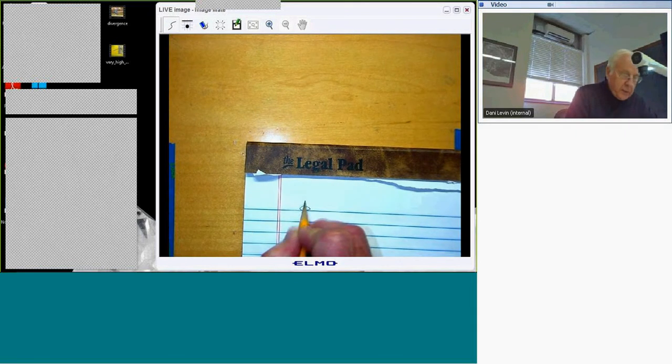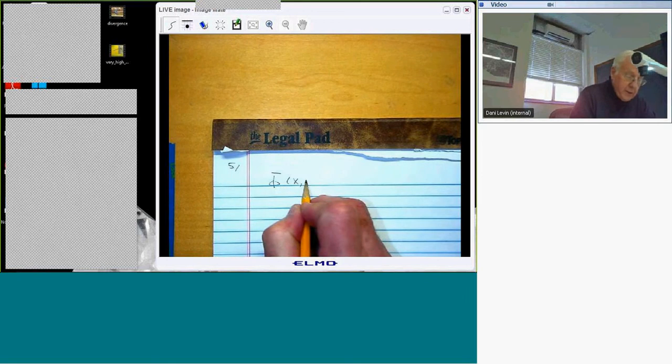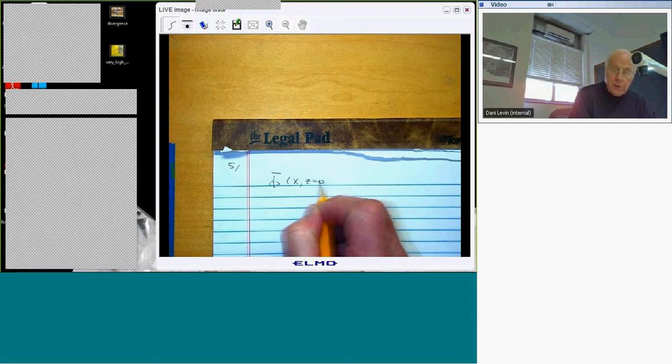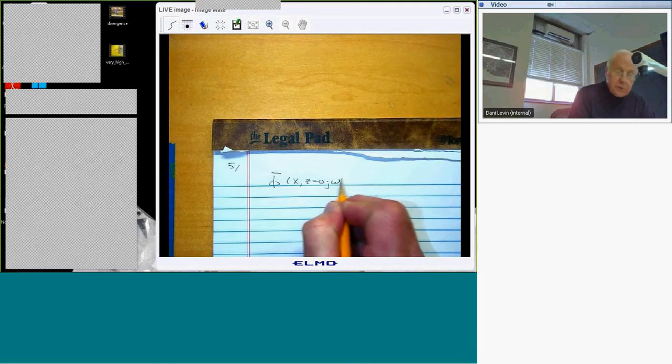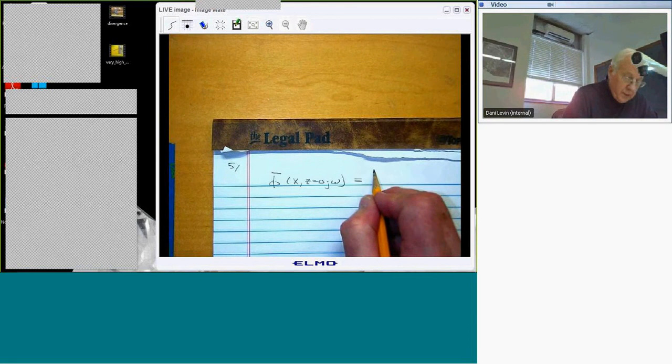Okay. So remember what we have here. This is 5. Phi bar as a function of x at z equals 0, and of course it depends on omega, because we're assuming an e to the i omega t kind of motion, is given by this integral. I won't try to write it all down because it's a long mess.